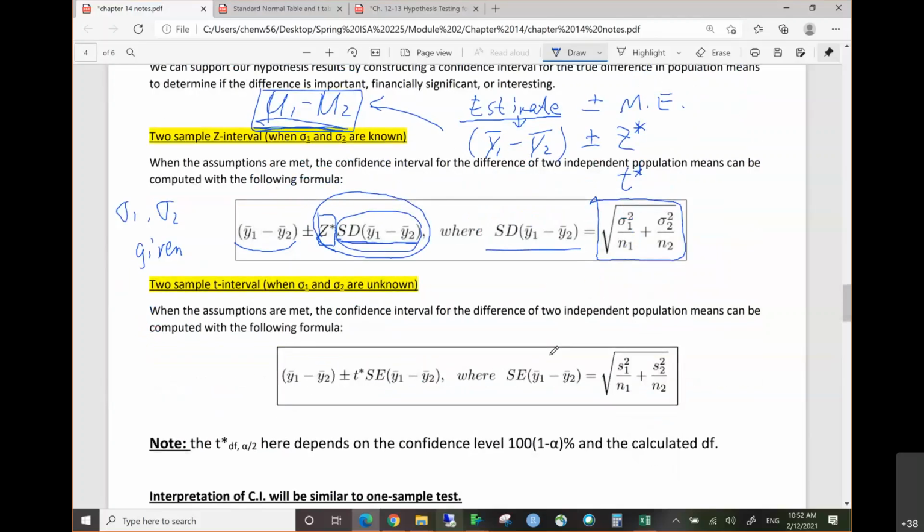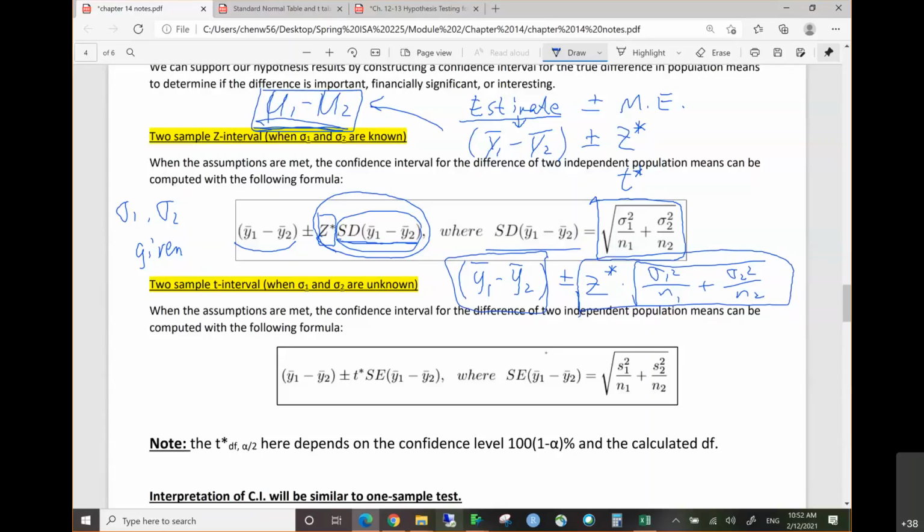That's why I don't like this kind of formula, because it will confuse you. So put them together, it should be plus minus z star times the square root of sigma 1 squared over n1 plus sigma 2 squared over n2. This part will be your margin of error. This is your estimate. So we have the estimate plus minus the margin of error.